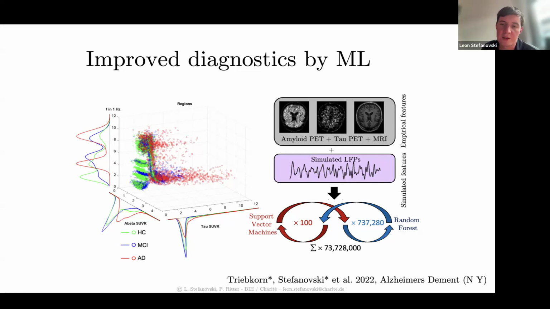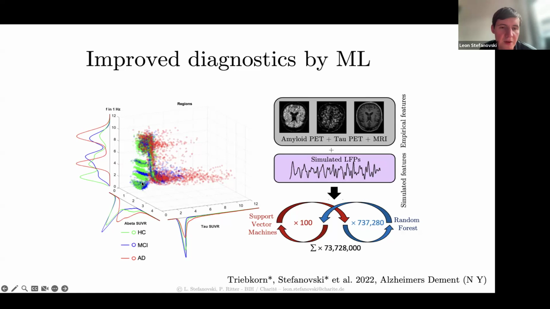And this was the one setup, and the other setup used all this, but also the simulated local field potential. So the bare raw neural activity in the neural masses. That is something we can only simulate because to measure it in the patients, we would need to put electrodes inside the brain. And on the left side, you see the distribution of these levels.